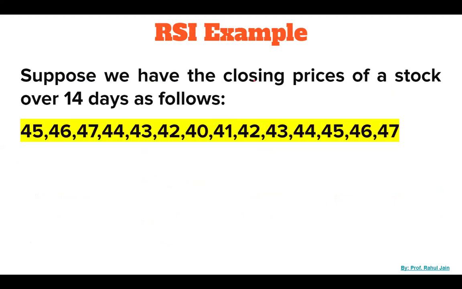Now, suppose we have the closing price of a stock over 14 days as follows, and we want to calculate the relative strength index to determine whether this stock is overbought or oversold. Then step by step, let's begin.